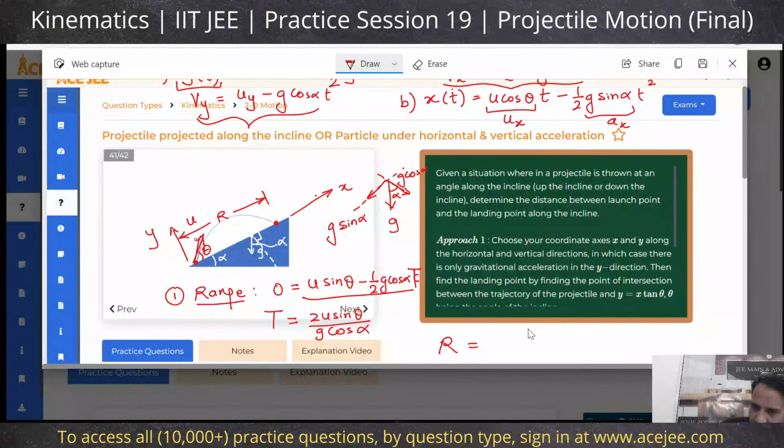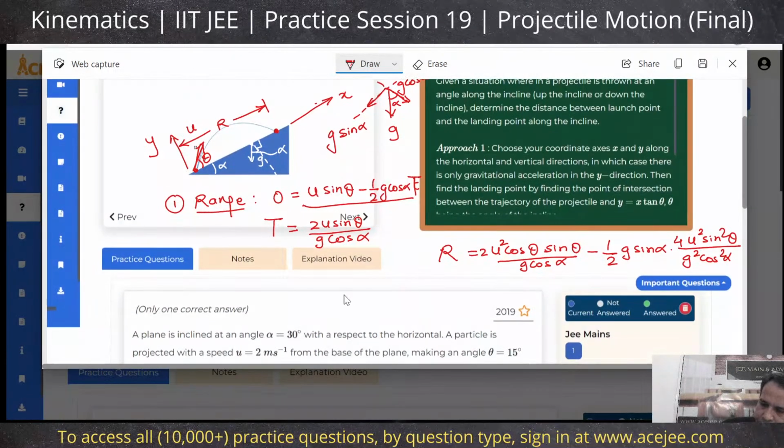So I can write my range as u cos theta into 2u sine theta divided by g cos alpha, minus half g sine alpha into the square of this term, so 4 u squared sine squared theta divided by g square cos square alpha.